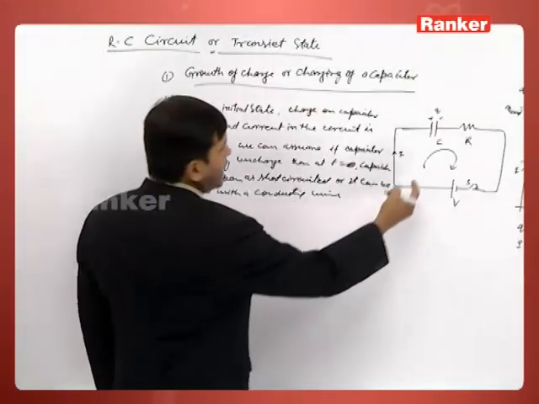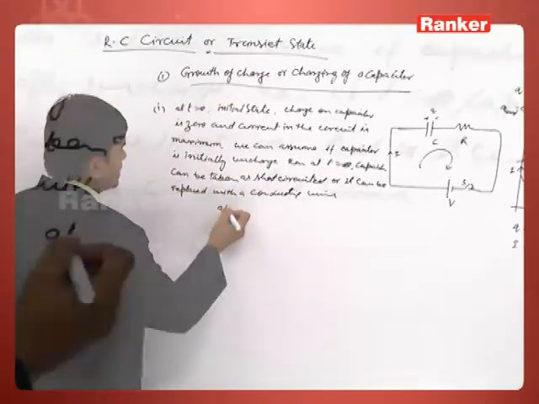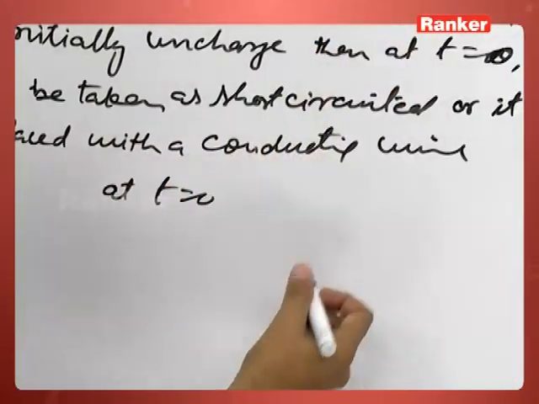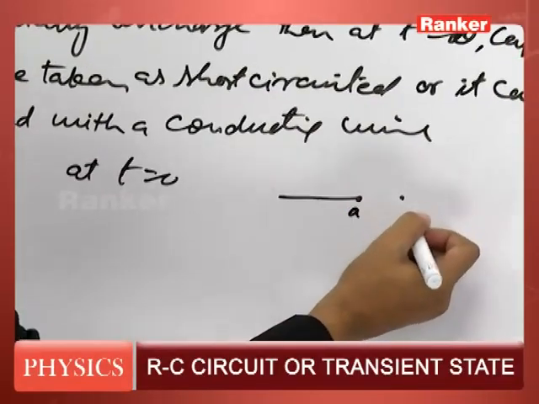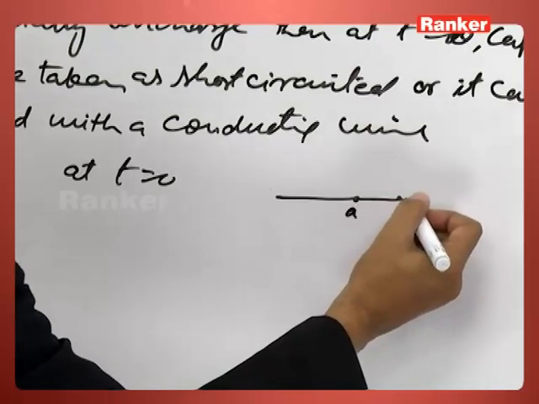So at t is equal to 0, our circuit will be like this. Let A and B be the terminals of the capacitor. It can be taken like this.